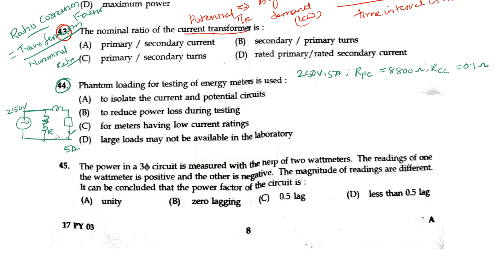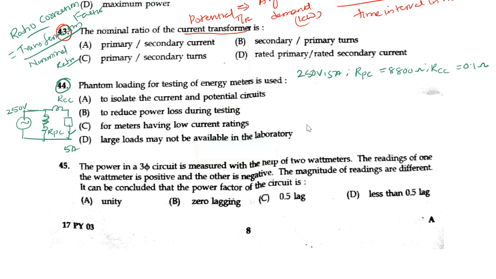The resistances are R_PC here and R_CC here. Now I want to find the total energy consumed here. To find it, we add the energy consumed by the PC and the energy consumed by the CC here.